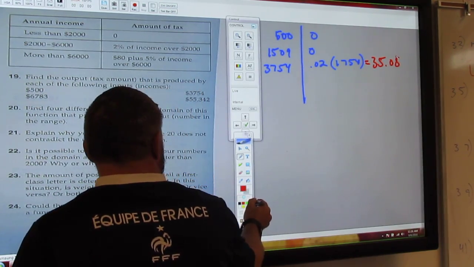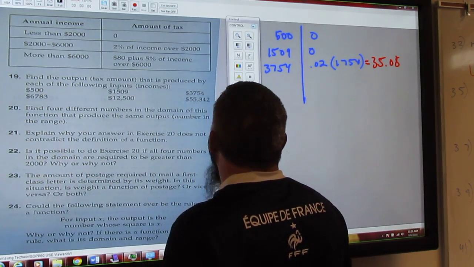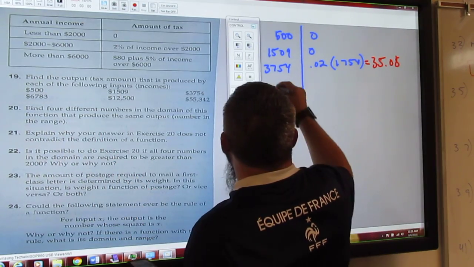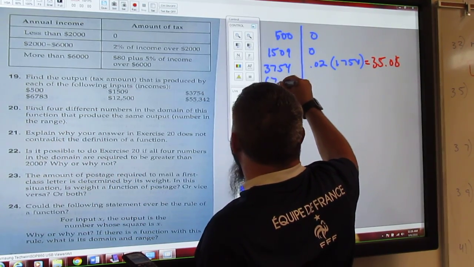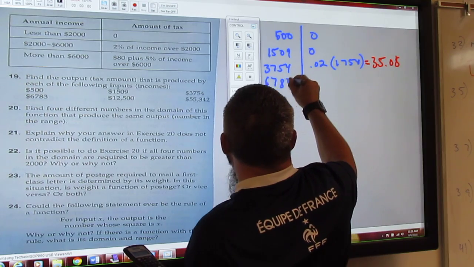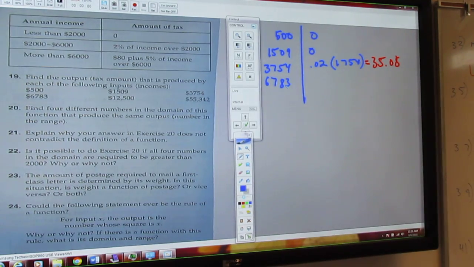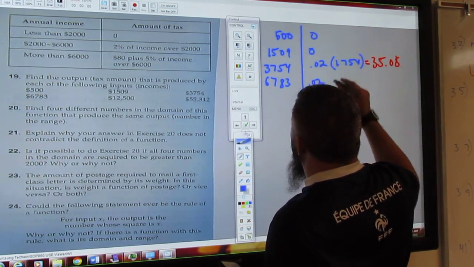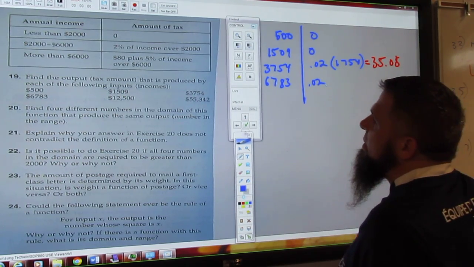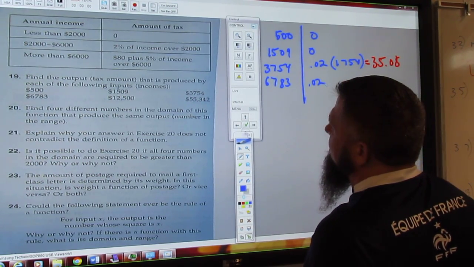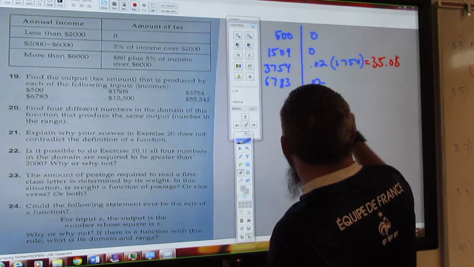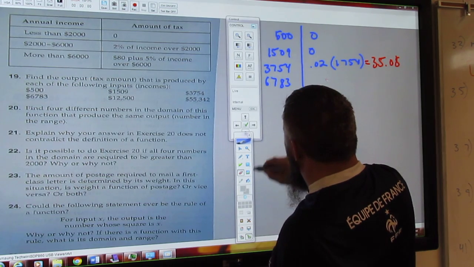All right. Now we'll go back to blue. It says here 6,783. So that means it's going to be 0.02, right? Oh, that's more than 6,000, isn't it? So erase that. That's more than 6,000.